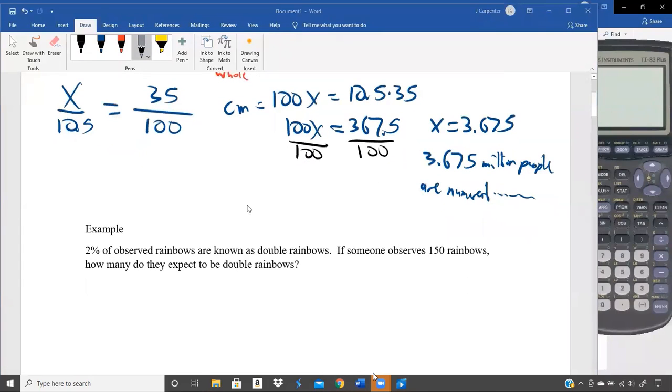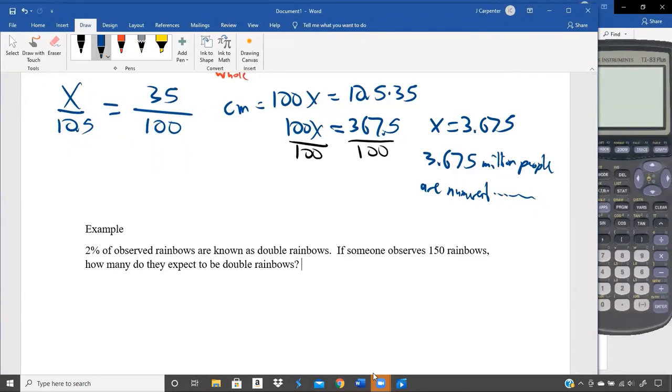All right, let's try it out. 2% of observed rainbows are double rainbows. If someone observes 150 rainbows, maybe over their life, that's a lot of rainbows to see, how many do they expect to be double rainbows? Well, sounds like a part to whole relationship here.